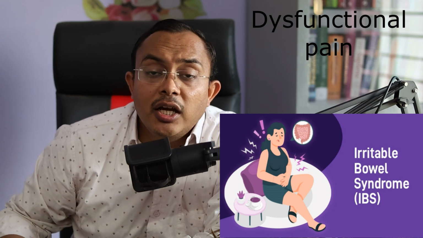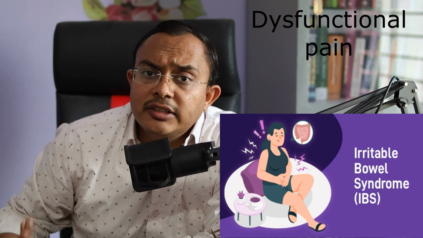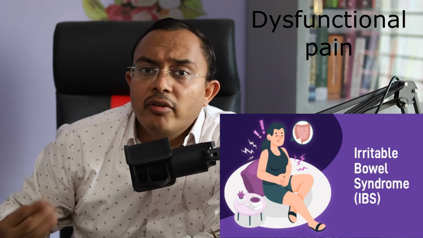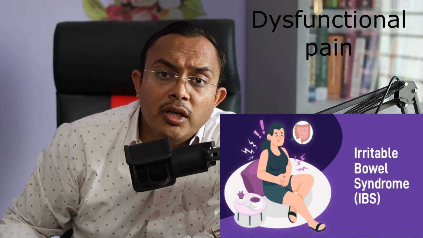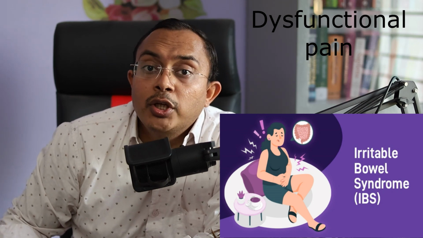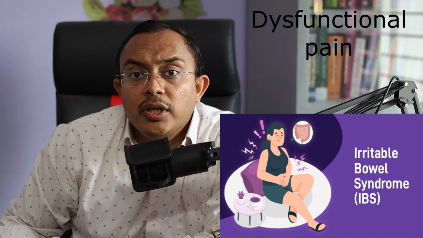The patient may have diarrhea or constipation, vague symptoms, and you go for sonography and CT scan and everything, but everything comes out normal, but still there is a pain. So that is termed irritable bowel syndrome. We don't actually know what is happening. So this is called dysfunctional pain.